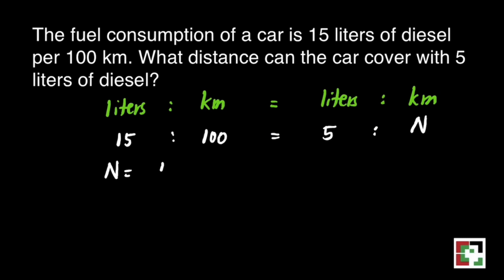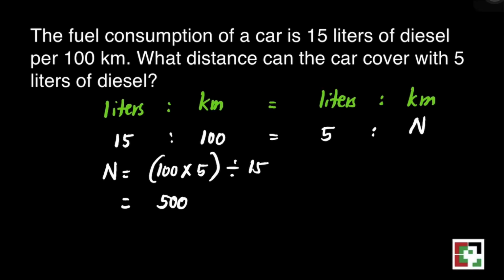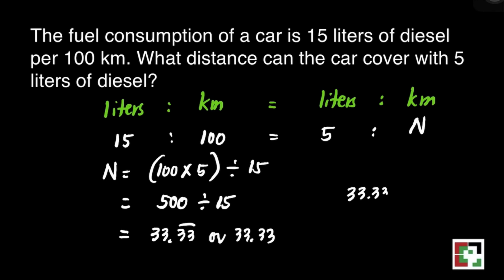N is equal to 100 times 5 divided by 15. 100 times 5 is equal to 500 divided by 15 will give us 33.33 with bar at the top because it has no end. We can round it off to 2 decimal places. That will give us 33 and 33 hundredths kilometers as our final answer.